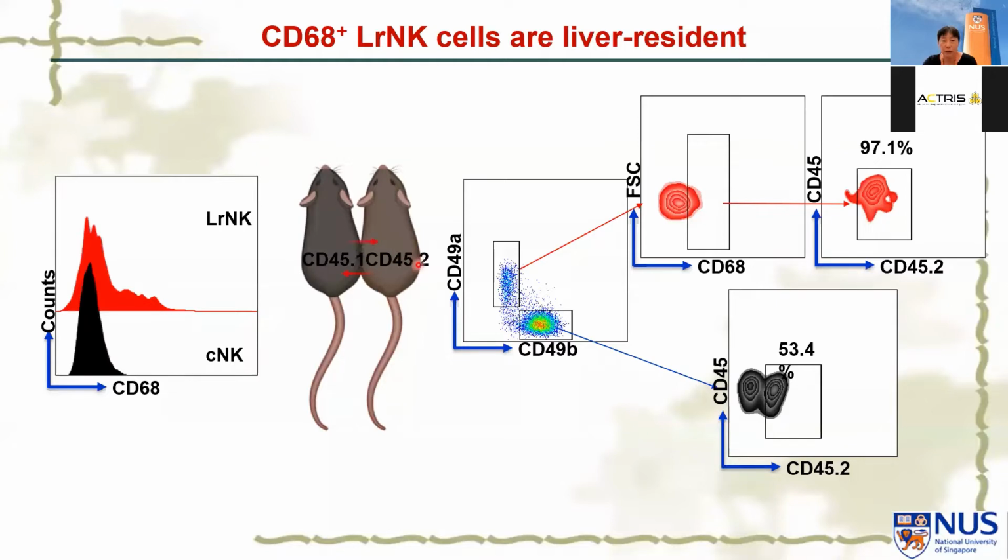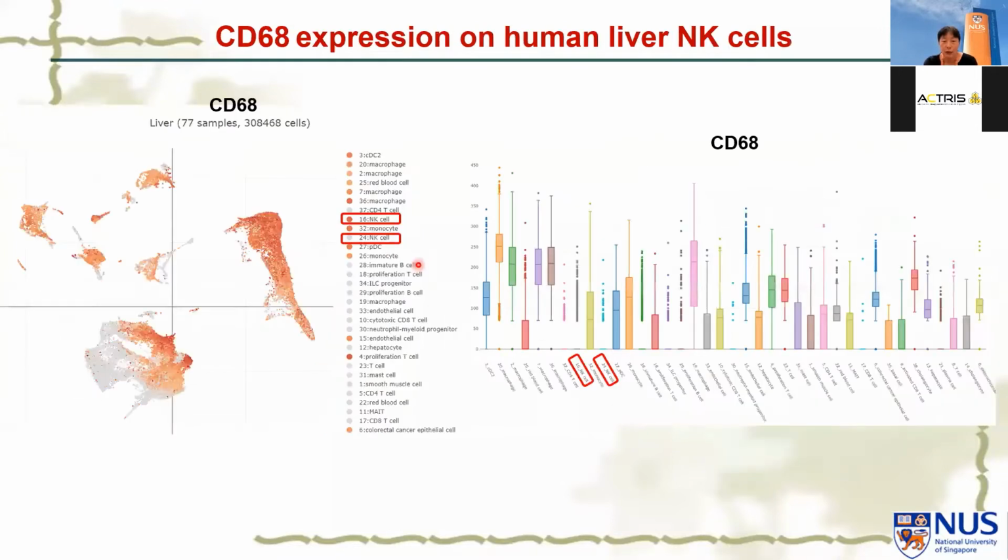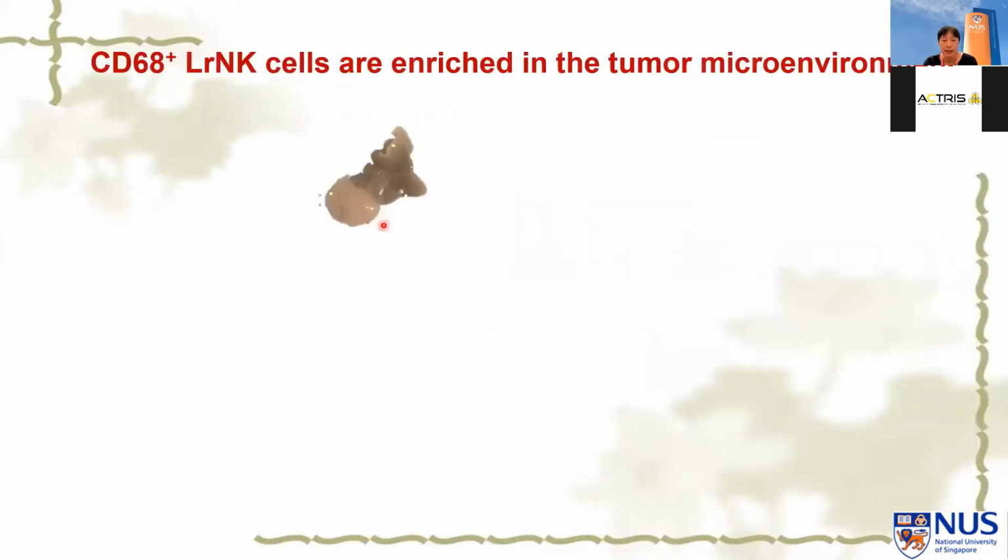They're not coming from circulation. So we also looked at the human atlas established by Dr. Chen-Jing Miao from SIGN. And if you look at CD68 expression, there are two NK cell populations distinct in their CD68 expression.